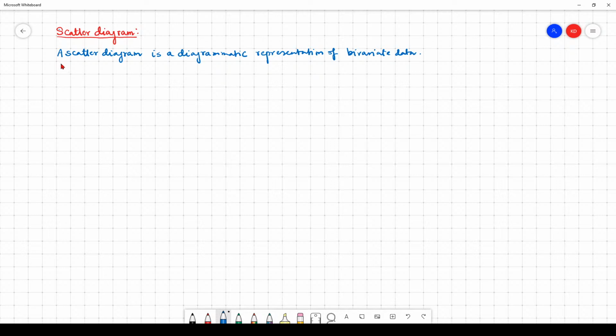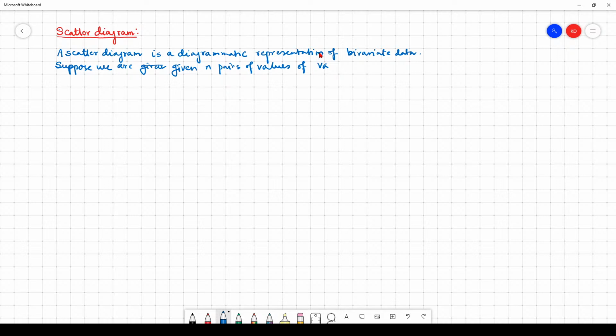Suppose we are given 10 pairs of values of variables x and y.